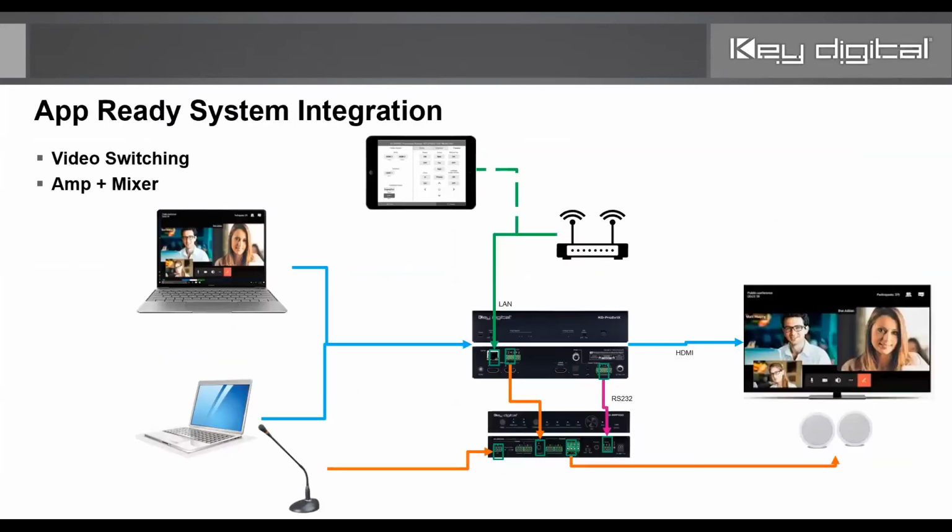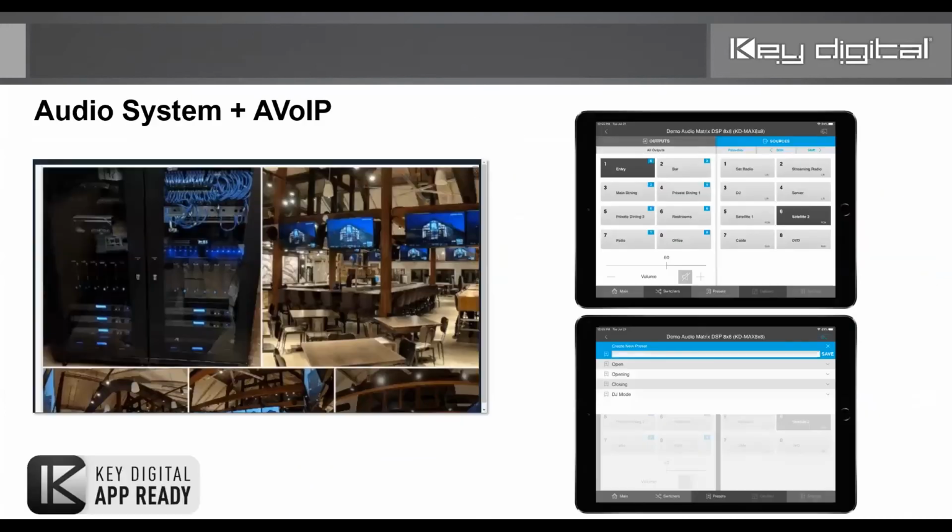So we went over a couple of these switchers before, integration there. Another good example of a restaurant bar location utilizing audio system and AV over IP. And then again, there's a couple different demos where we can create presets. This example down here is showing opening in the morning, closing, DJ mode.